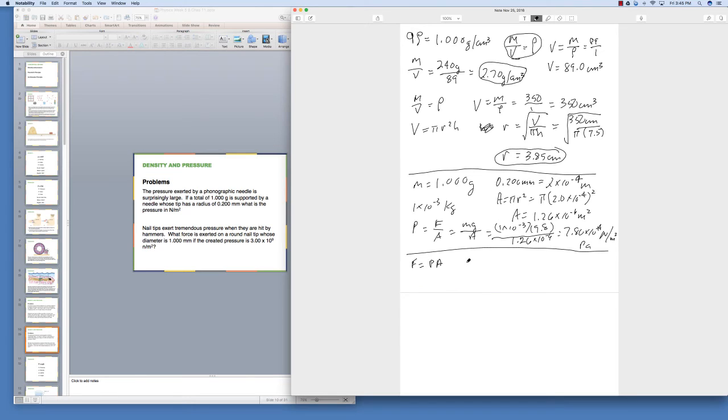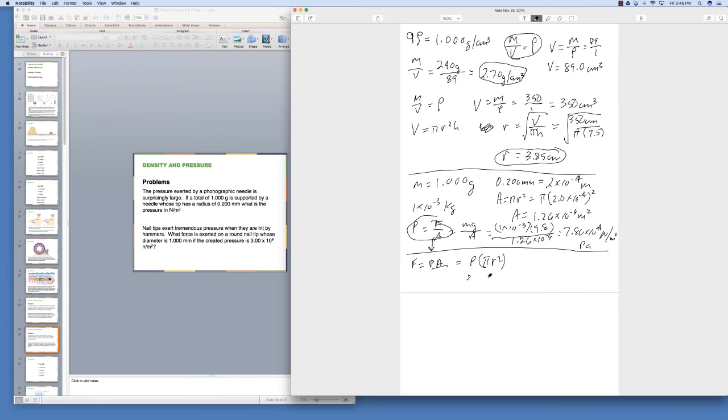So if you convert this, you can use this, the areas go over here, and so you have this formula. And so what you need here is pressure times the area, which is going to be, again, pi r squared.